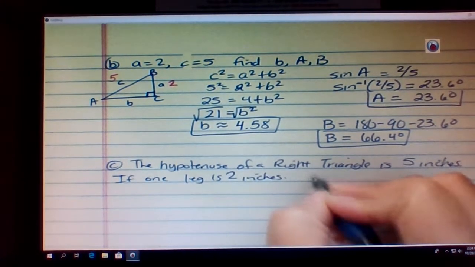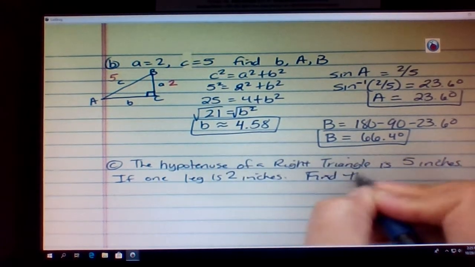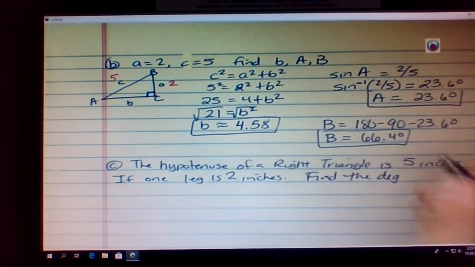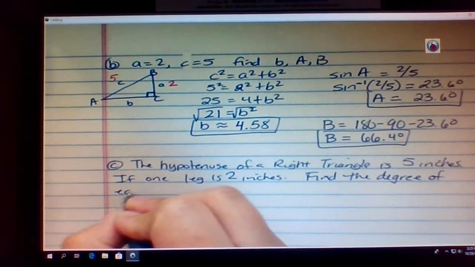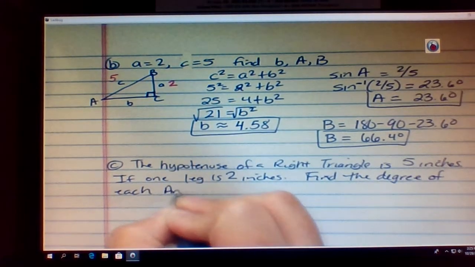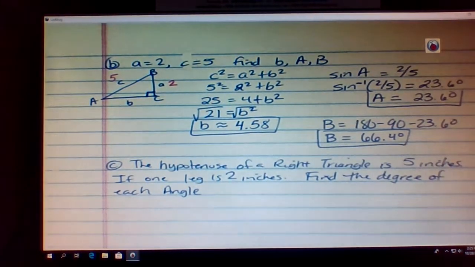Find the degree of each angle. So they give it to you in a word problem.